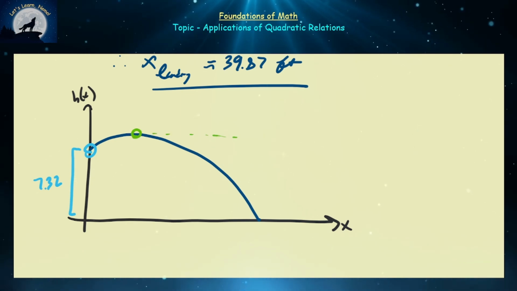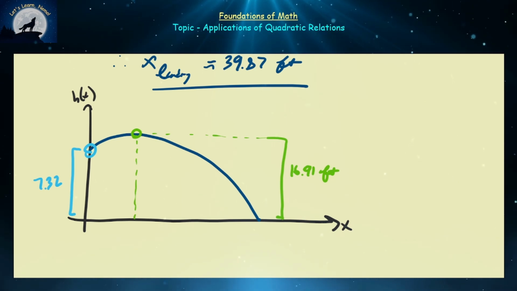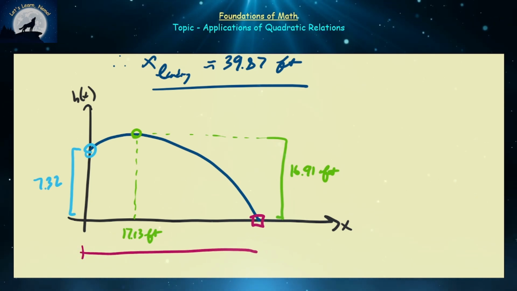So this distance right here is going to be equal to 16.91 feet. This point for which it attains its maximum height is approximately equal to 17.13 feet, and it eventually hits the ground somewhere over here at approximately, let's make the diagram more formal, 39.87 feet. So that's a nice little diagram that sums up our little projectile motion problem.